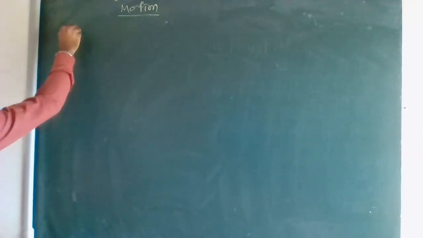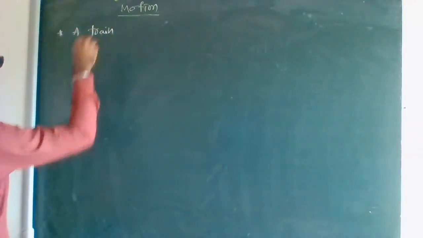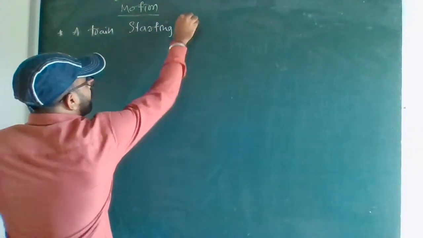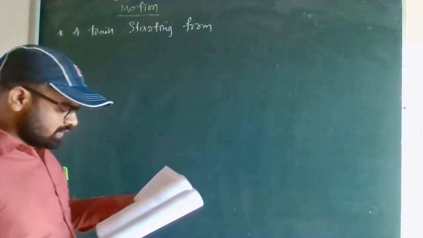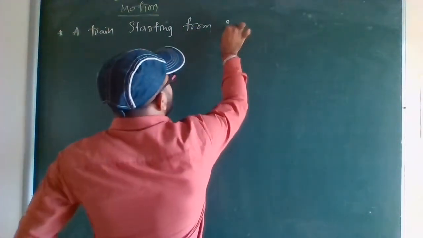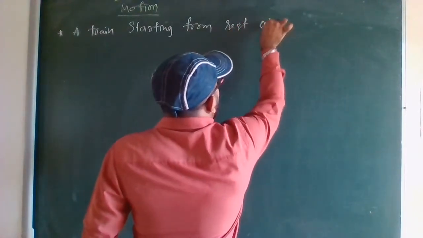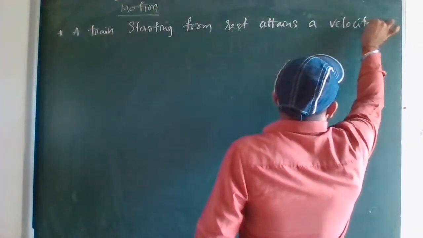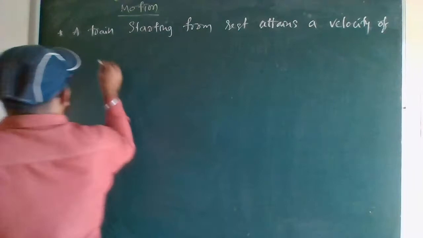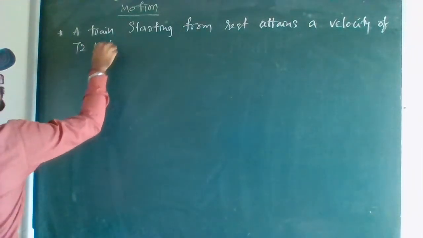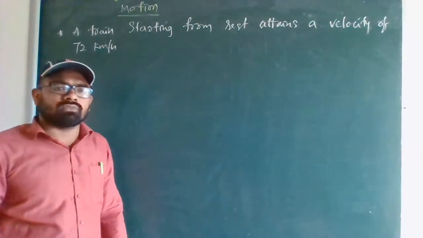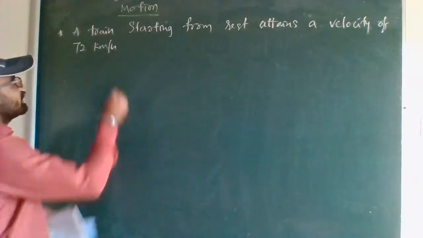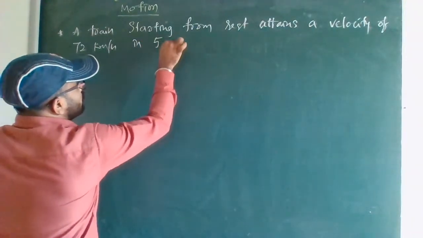Please note down whatever I write on the board, and solve along with me. A train starting from rest attains a velocity of 72 km per hour in 5 minutes.